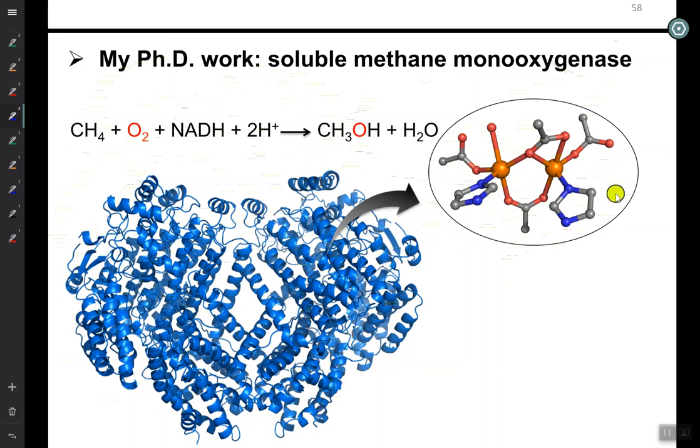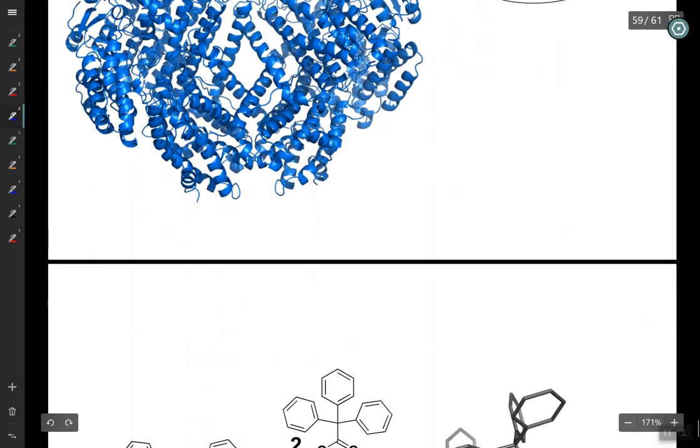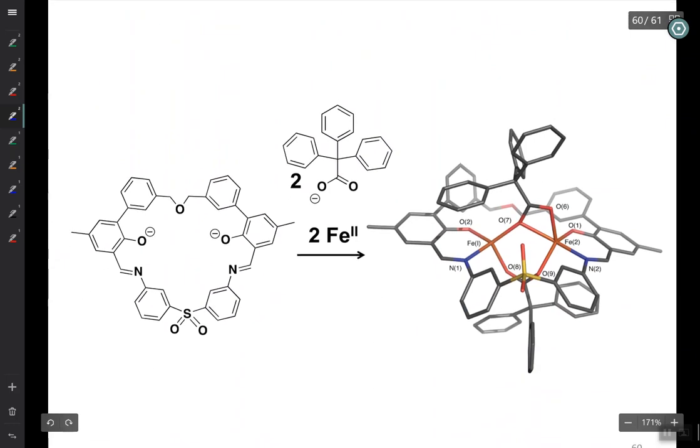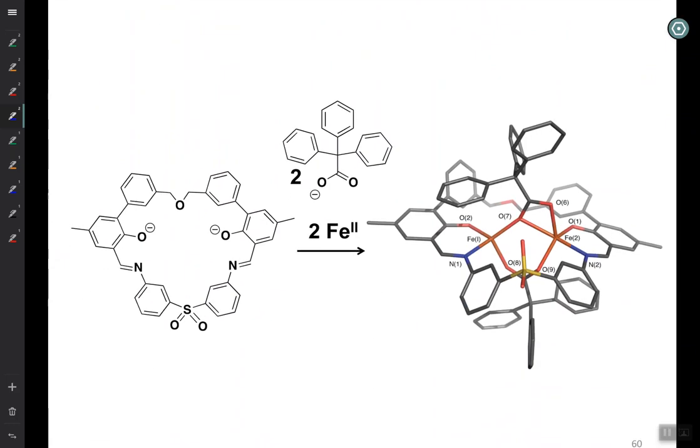And so my PhD project was basically just to see if we can reproduce this cluster structurally in a small molecule, and then more importantly, can we use that to see if we can reproduce this chemistry in the lab. So kind of summarizing my 5-year PhD in a couple of slides, here are the highlights of what I had done.